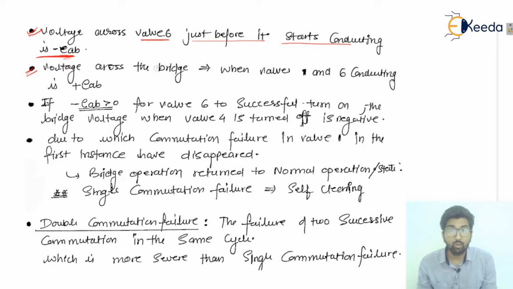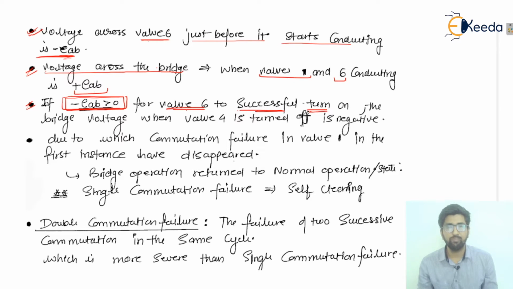The total voltage across the bridge when valve 1 and valve number 6 are conducting is plus EAB. Now, for valve number 6 to turn on successfully, minus EAB is greater than 0, and the bridge voltage when valve number 4 is turned off is negative.